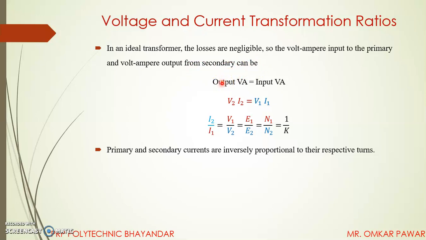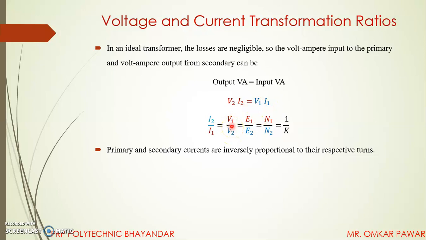If we apply a certain power to the primary side, then that whole power will be transferred to the secondary side, as we consider the losses to be zero. So output VA is equal to input VA: output VA is V2 I2 and input VA is V1 I1. So I2 by I1 is equal to V1 by V2.